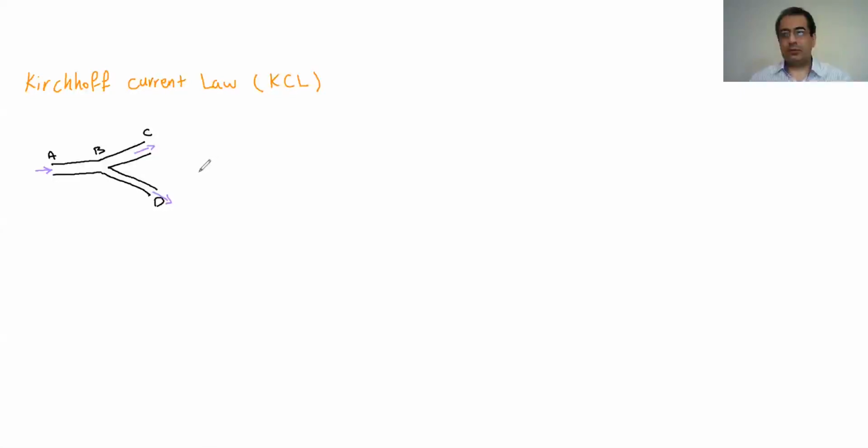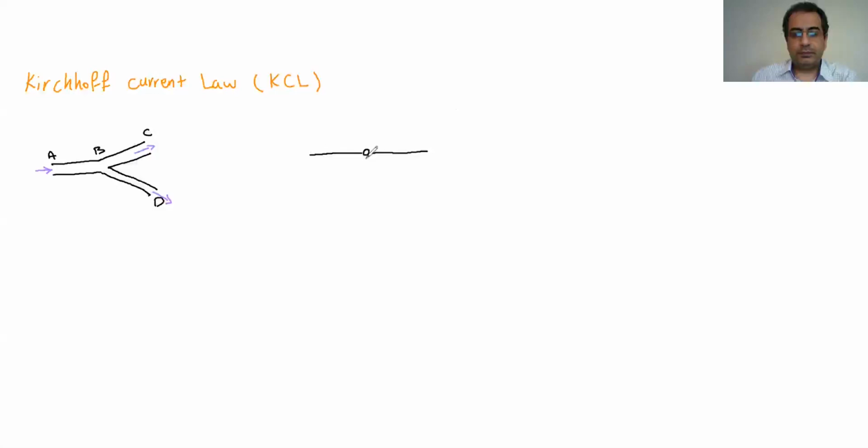So if 1 gallon comes in pipe AB, from pipe BC and pipe BD you have 1 gallon leaving in total if you add it together. As the very basic for the circuit, if you have a node, and what we call a node is just a point where a couple of wires connect.